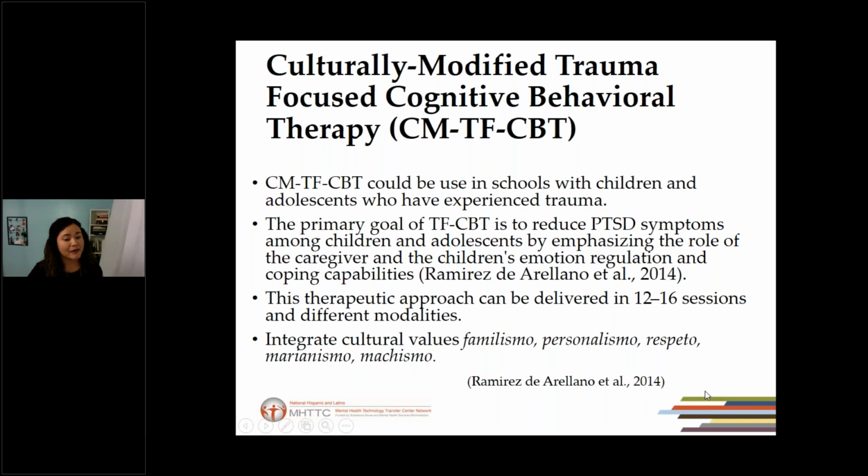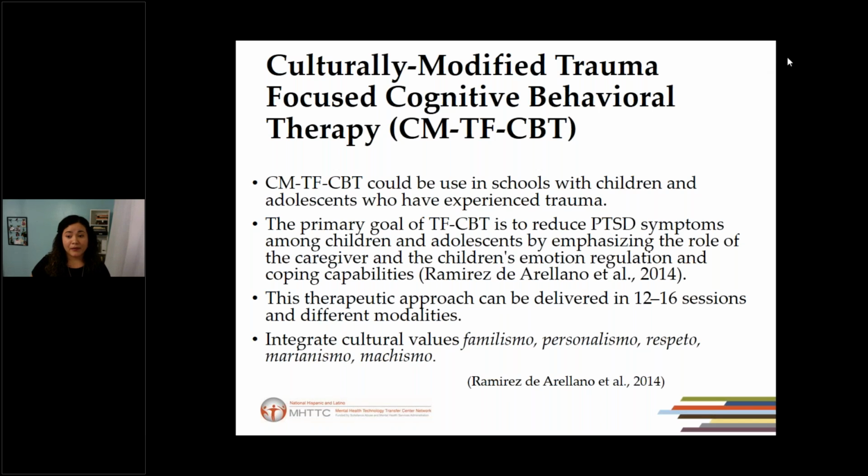So the primary goal of this therapy is to reduce PTSD symptoms that we can observe in our clients. And we know that there are a lot of Latinos that experience a lot of trauma experiences, like violence, immigration, domestic violence, also sexual abuse, and other types of abuse.